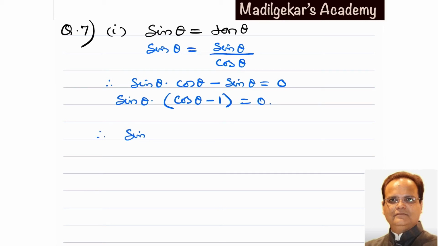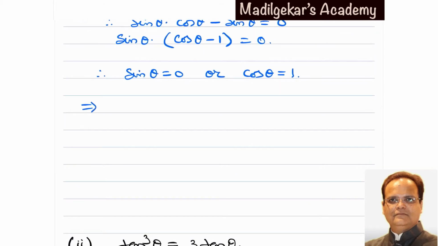Means sin theta equals 0 or cos theta minus 1 equals 0, means cos theta equals 1. From the first, we get directly the answer as n pi, where n belongs to z. Here we have to solve it further, as it is 1. The smallest non-negative value for which cos theta is 1 is cos 0.